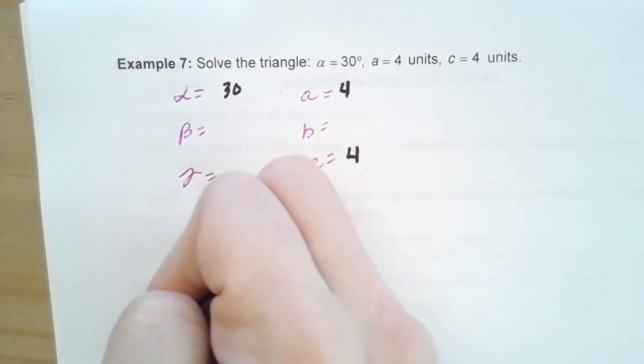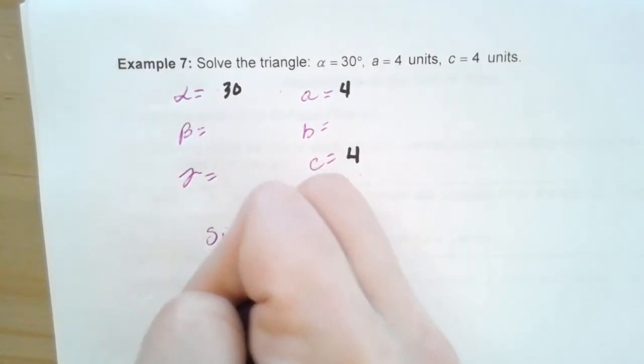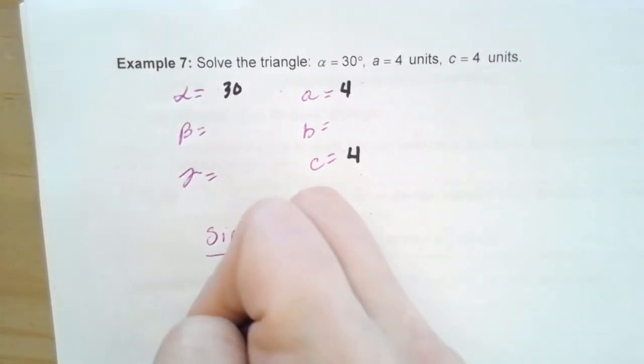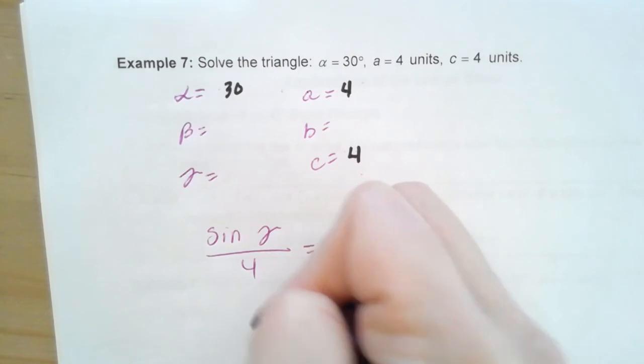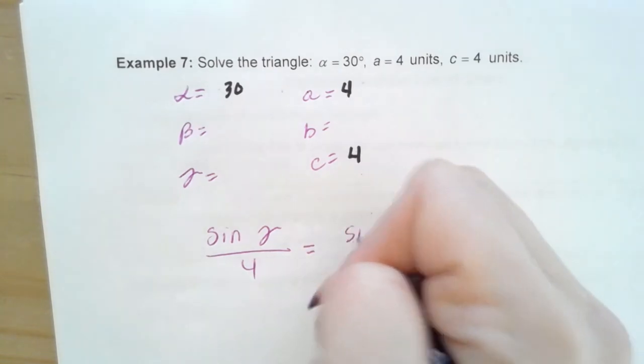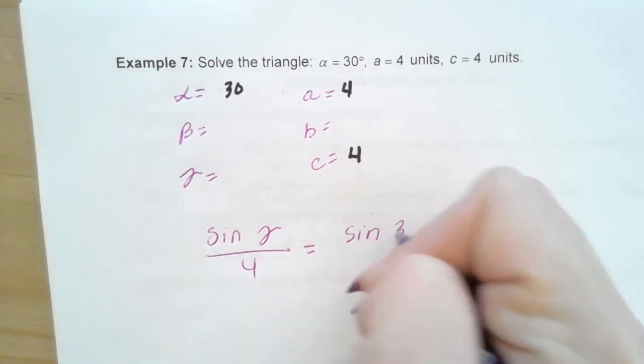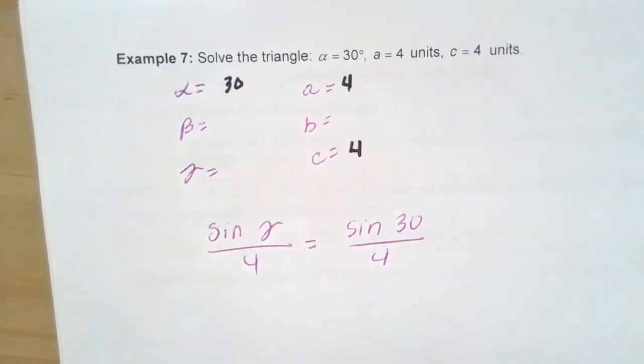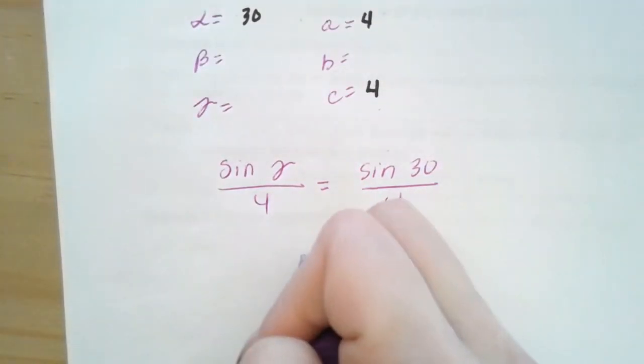So we're going to go sine of gamma. Don't forget that sine is always with that angle. Over 4 equals sine of 30 all over 4. This time I'm just going to write it down because we're almost done with our lesson.